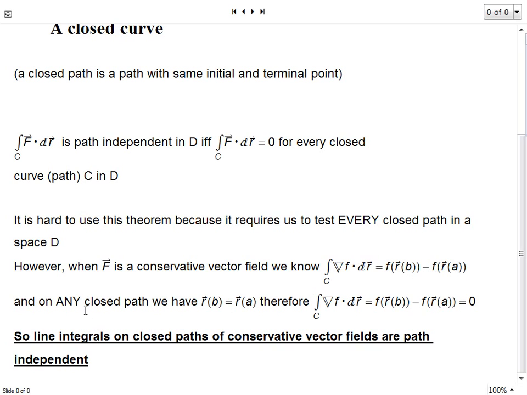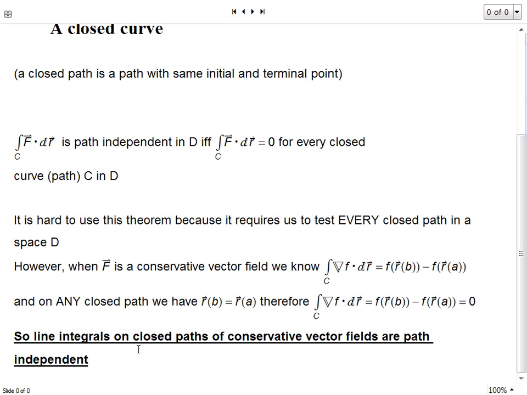But if we're on a closed path, the endpoints are the same, so this subtraction gives you 0. You're starting and ending at the same point, so when you apply the fundamental theorem of line integrals, you get 0 at the end.